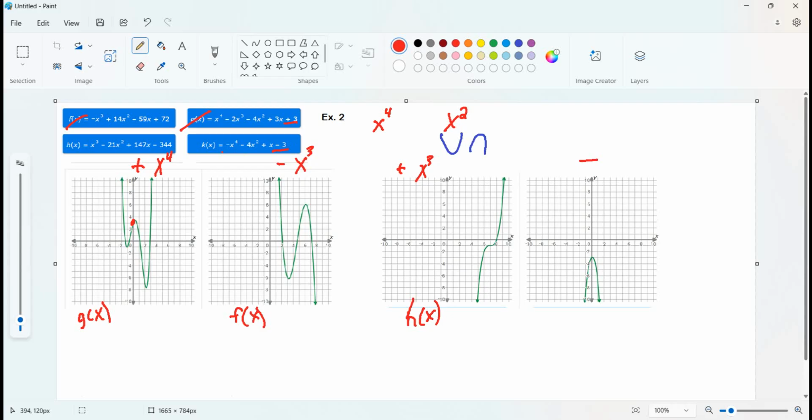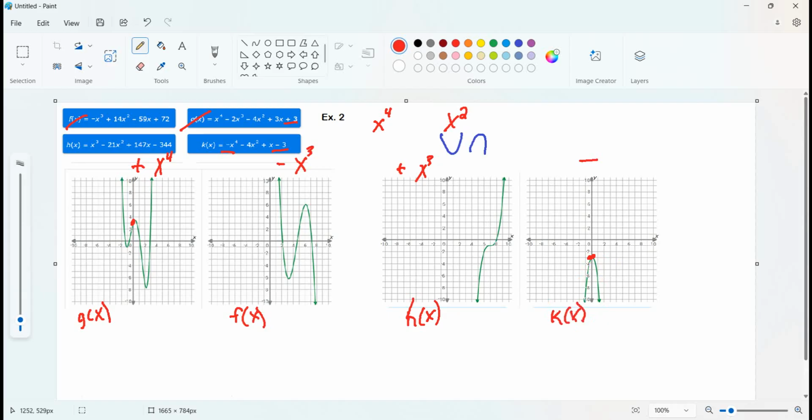The hints are that this is a negative, so it's going to be opening down. It is to the fourth, even though at first glance you would think that it was only to the second power, but again, they can look like that. And we know that it's hitting the y-axis at negative 3, and this one is hitting at negative 3. So bingo bammo, that's the k function.